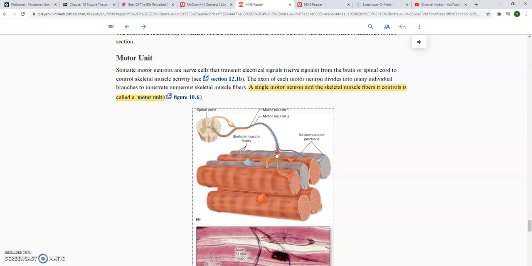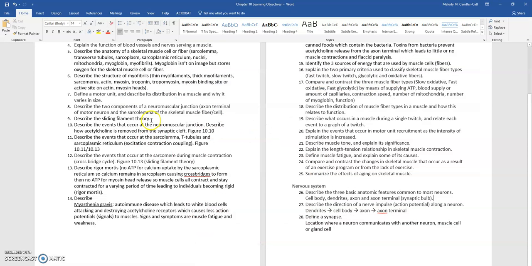So these motor units are important for control, and the recruitment of them is important for applying the right force to certain situations.